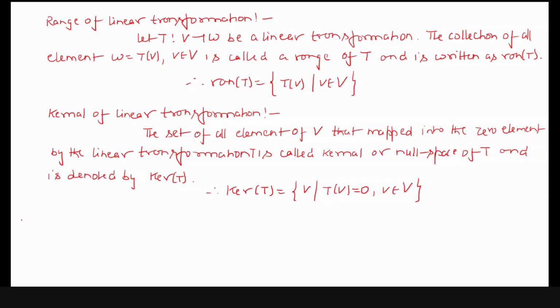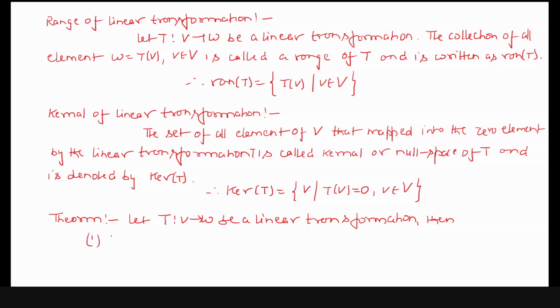Okay, and we have some theorems. Let T from V to W be a linear transformation. Then, number one, kernel of T is a collection of all elements of V such that T of v is equal to 0.